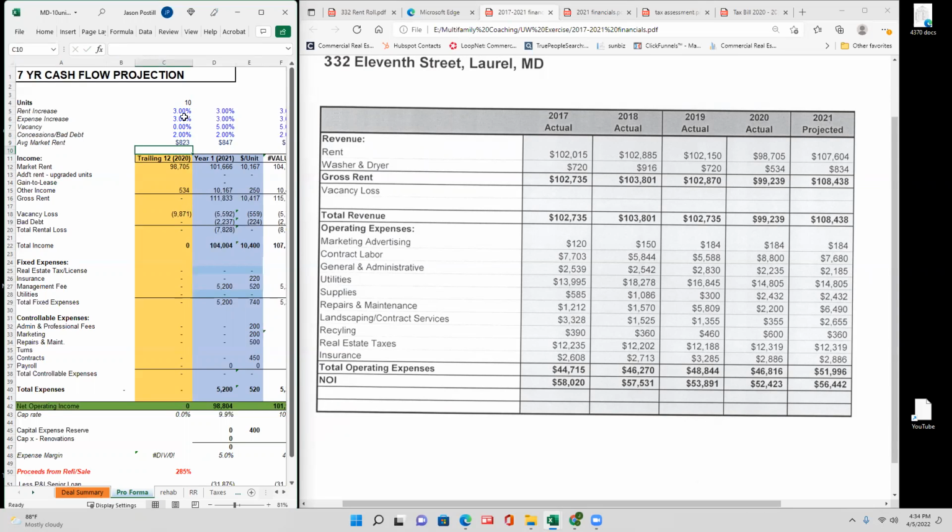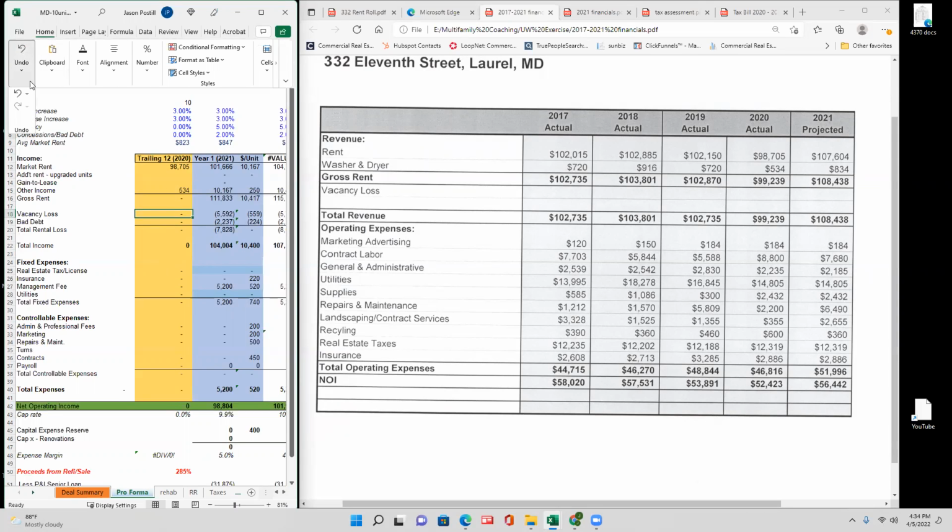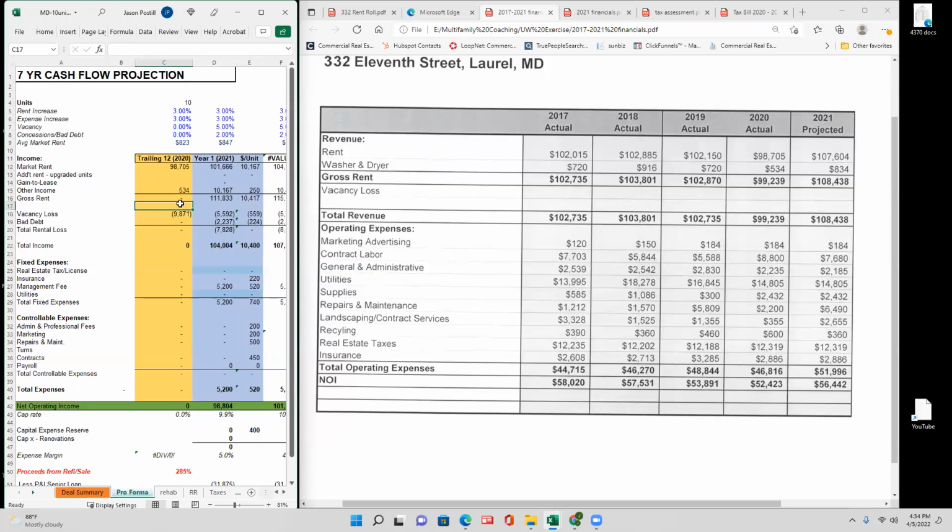Rent increase, you did 3% annual. Expense increase 3%. Concession bad debt 0. That should be 0. I don't know why that's pulling. Where's that pulling from? .01 minus C12. Might be, did you go to the deal summary?